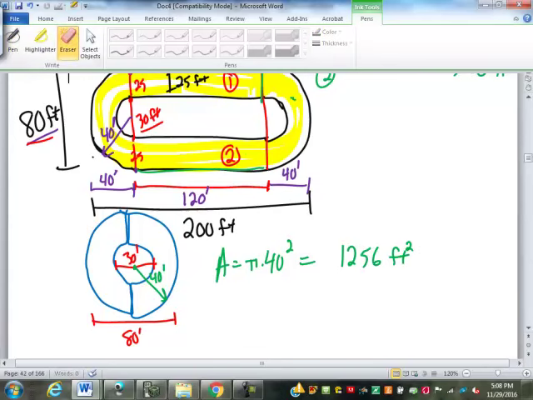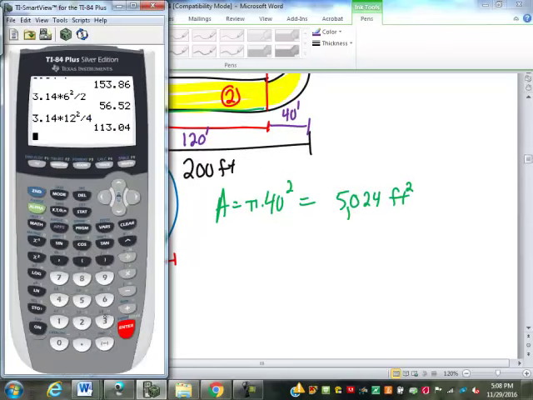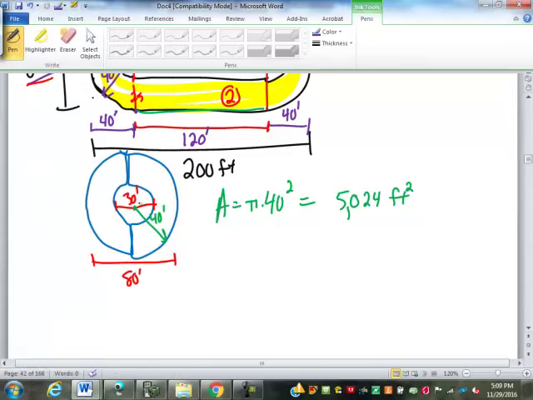No, it's not. 5,024 square feet, I believe is better. Is that right? Yep. The little circle has a radius of 15 feet, half the 30.